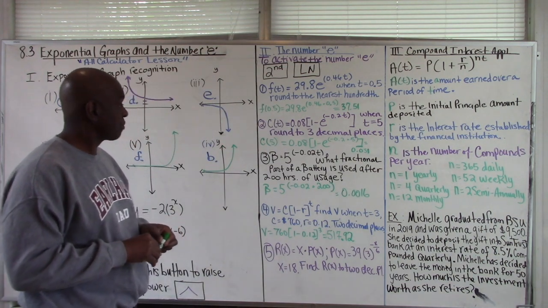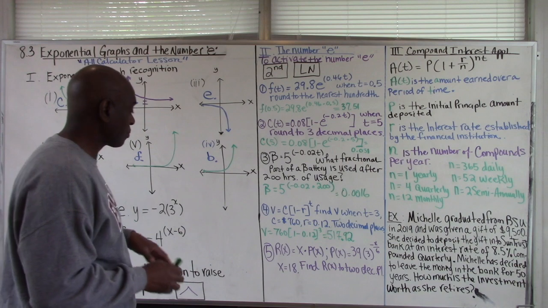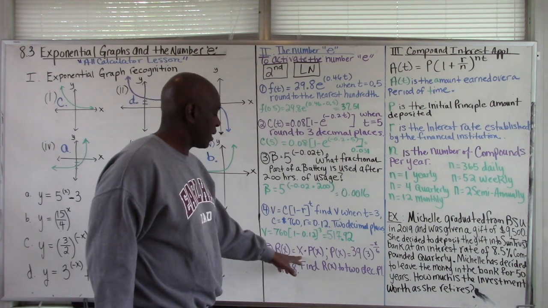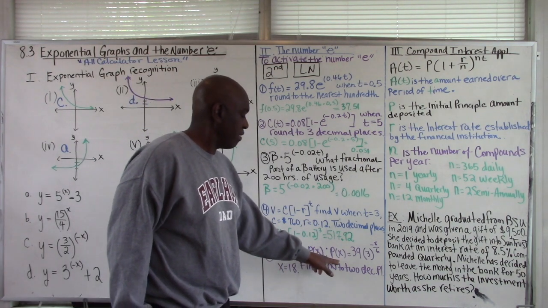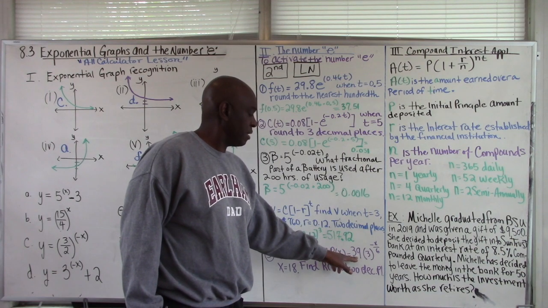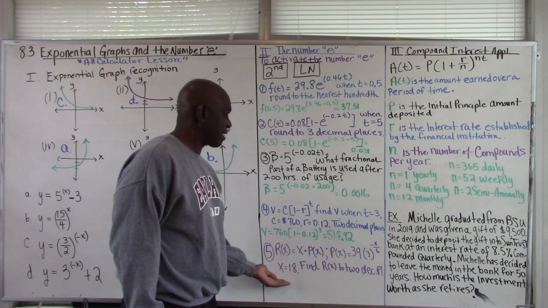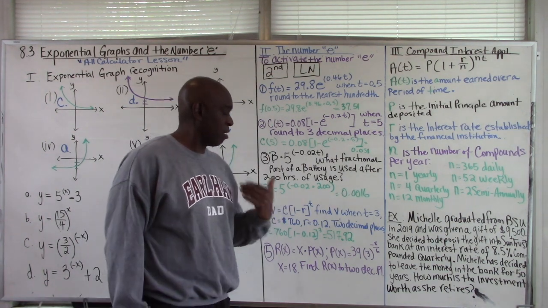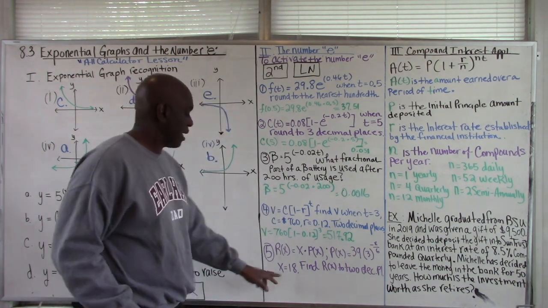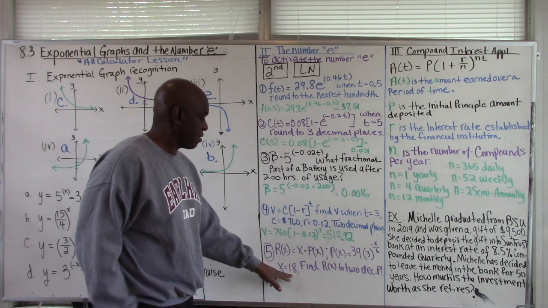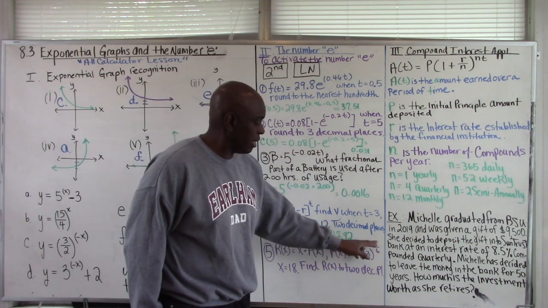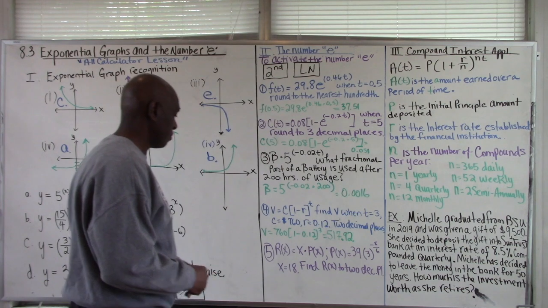And last one. See, all calculated, right? R of x equals x times p of x. P of x is 39 times 3 to the power of negative x divided by 6. And x is 18. Find R of x. Well, we know what x is, right? x is 18. So put 18 in place of this x right here.